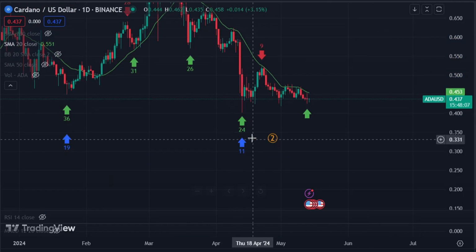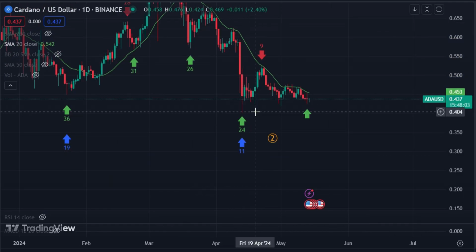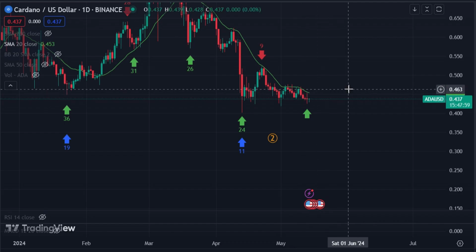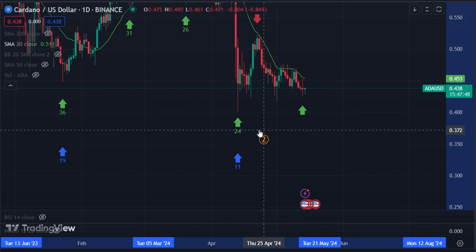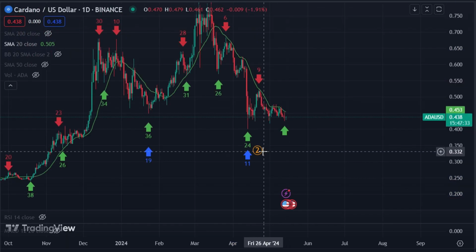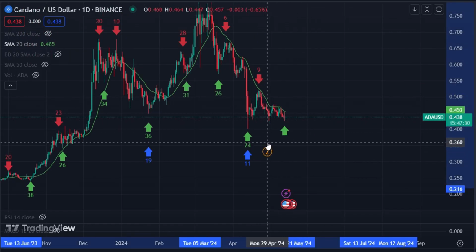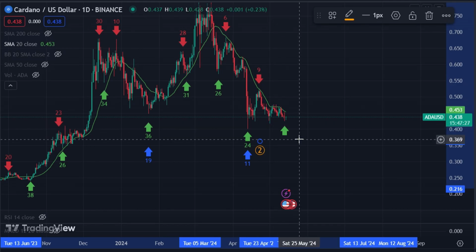We already have the weekly cycle low confirmed here, so I'm not too confident in saying we're gonna see a lower low than this wick here. Also, I would say that the wave 2 is in here. In the short term, there is still room for another low, but overall, we are still bullish.